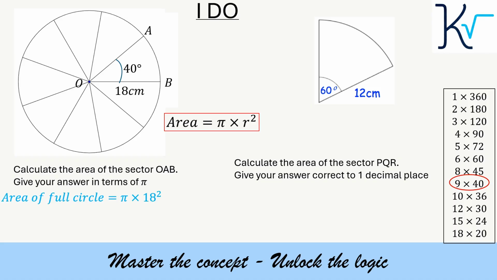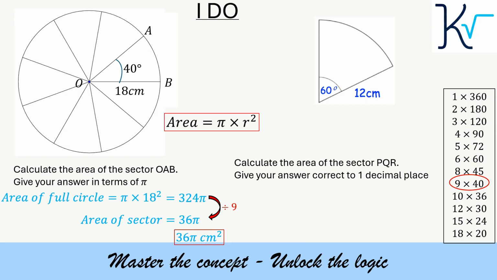The area of the whole circle is 324 pi. We divide by 9 and we get 36 pi for the sector. We wanted the area in terms of pi here, so no need to use the calculator and find the answer as a decimal. However, let's not forget the unit. Since the radius was expressed in centimeters, we will use centimeters squared for the unit of area.